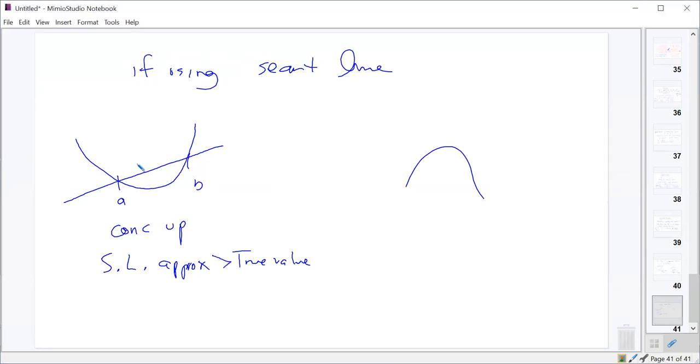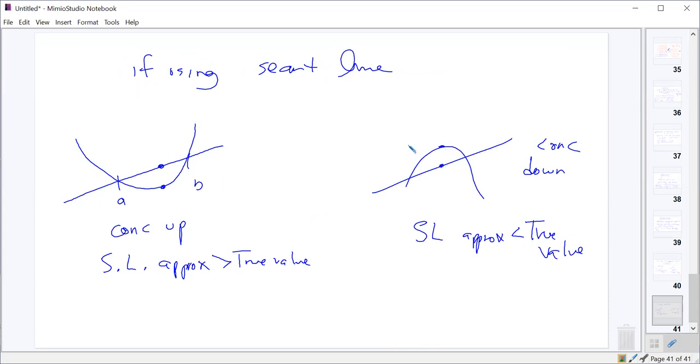Sorry, I misspoke at first. Clearly from the picture, my secant line approximation is greater than the true value. And if my function is concave down, then my secant line approximation is less than the true value.